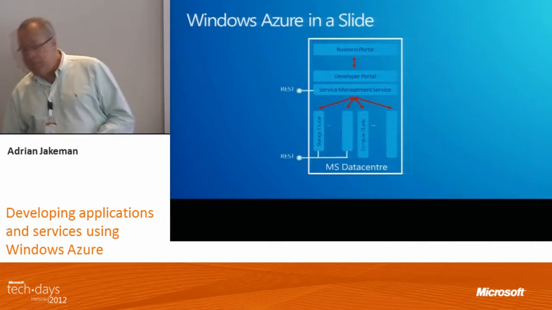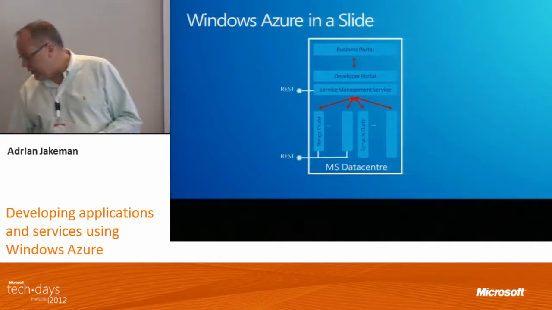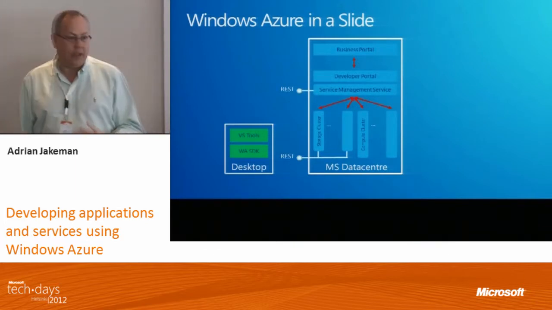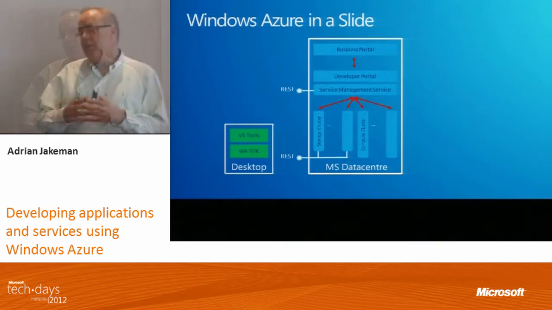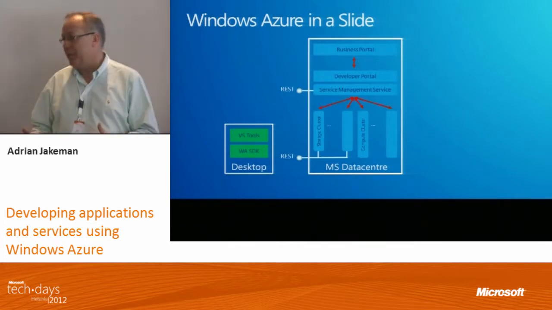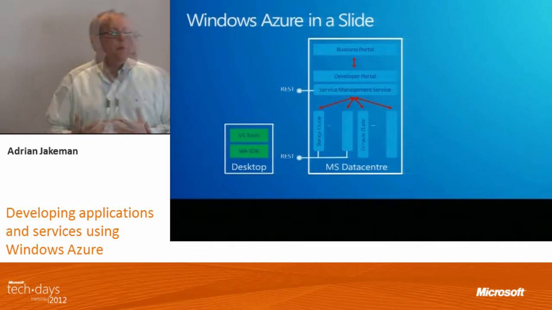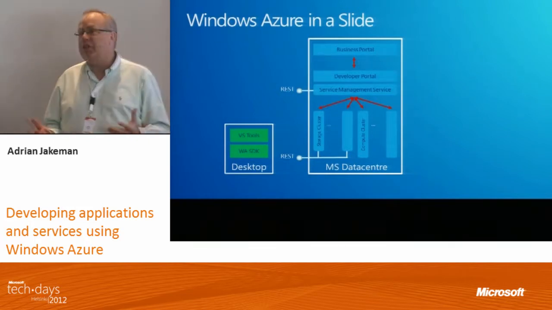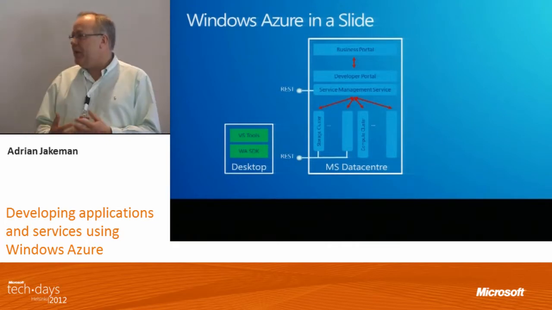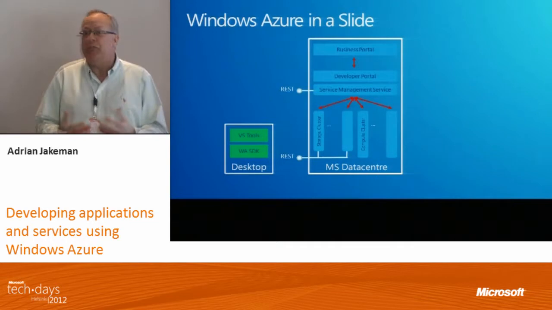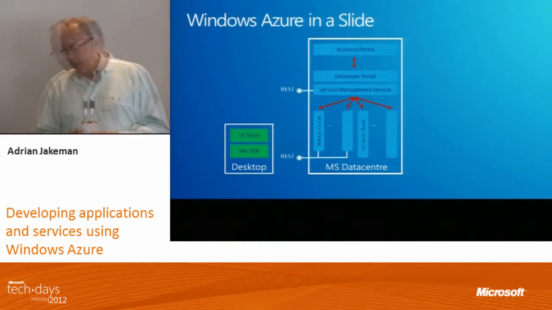You, of course, are developers, or you're perhaps working within a development team. You will want to be doing your work, writing your applications, in an environment that you are happy with, you are familiar with, using the tools that you're happy and familiar with. So you'll still be writing these applications using Visual Studio, using an application of your choice, and you'll be doing that locally, working in your normal desktop environment, as you would do if you were writing an on-premise application.